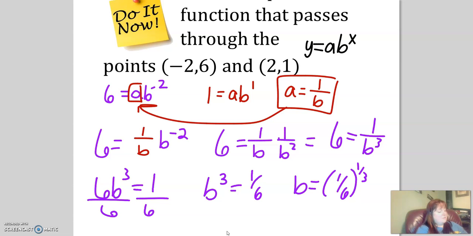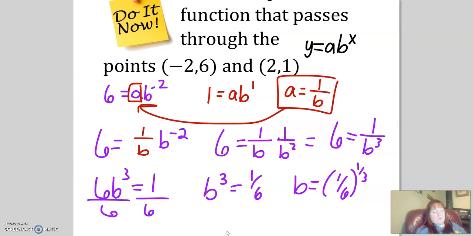Okay, so it's just some crazy decimal. So we store that in your calculator as b, okay? And then a is 1 over that number.